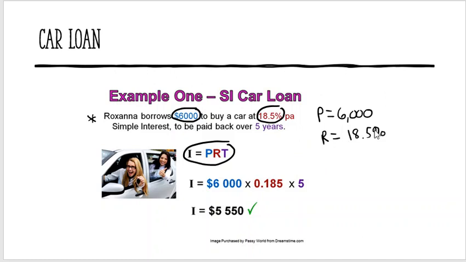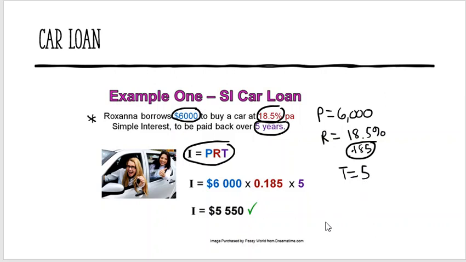Okay, so if we want to remove the percent sign, we take this 18.5, we divide by 100, and it becomes 0.185. Okay, so for the R, we're going to use 0.185. And then the time, this says that it's going to be paid back in 5 years. So the T is going to be 5.